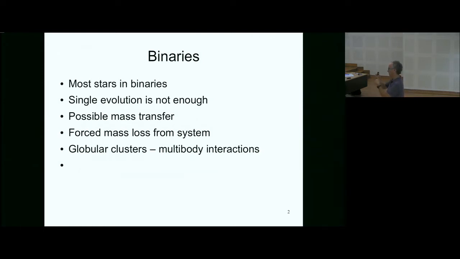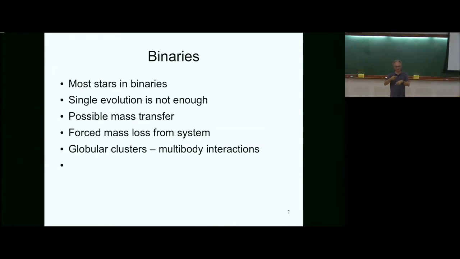So you can first have some mass interaction, mass shedding in one binary, then exchange partners, have another mass transfer. You can eject some binaries out of the globular cluster. So here the possibilities are endless. So it's a next level of complication that is important to understand what we see in the skies.